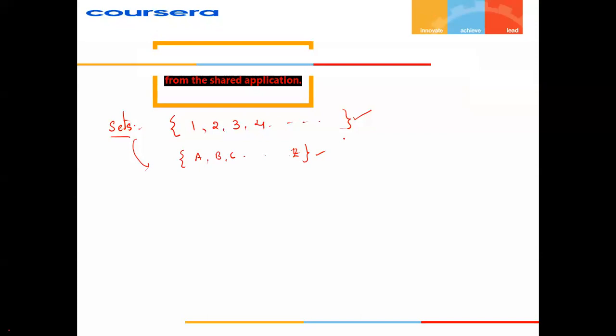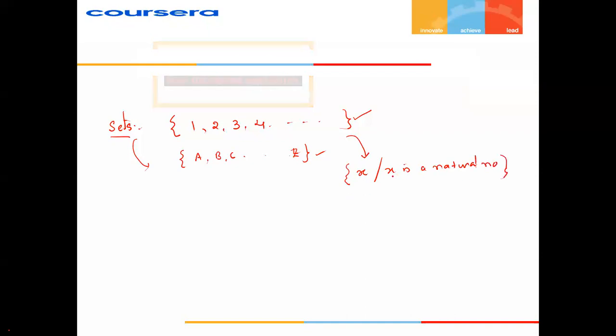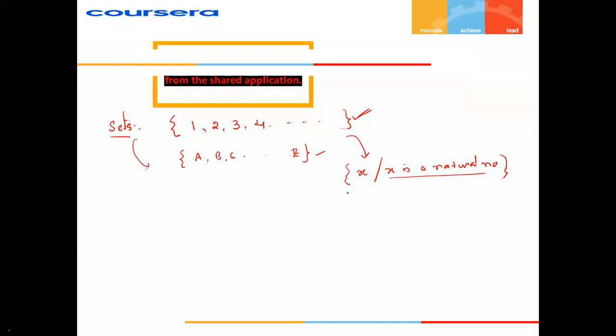Otherwise, the other way that we can write it is X, where X is a natural number. So we have a collection of X where X is a number, and we get the set as 1, 2, 3, 4, and so on.